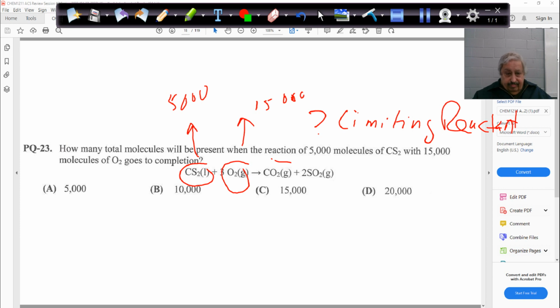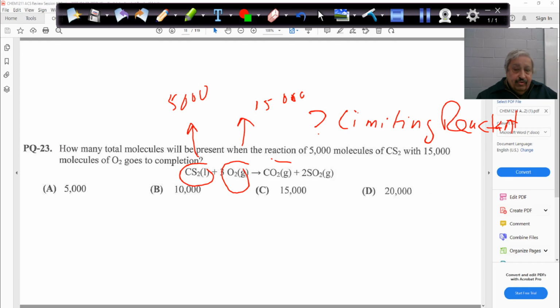So you can take any of those. How many total molecules will be present when the reaction of this with this goes to completion? Now they did not specify which molecules, so the total molecules. Those types of questions, they really have to specify.